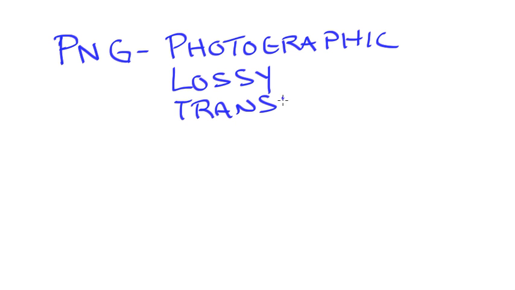The JPEG does not support transparency. So if you had some type of image, you wanted a photographic type image, you wanted some portion of it to be transparent, in other words, you want that alpha channel, you want that fourth channel, you can't do that in a JPEG, but you can do that in a PNG.